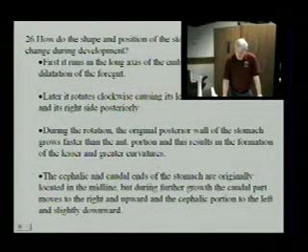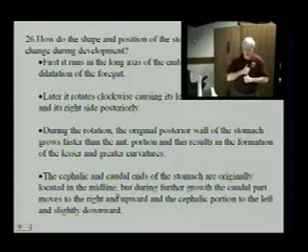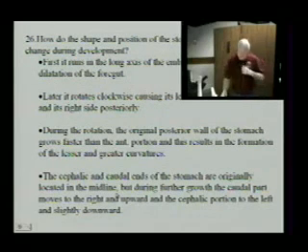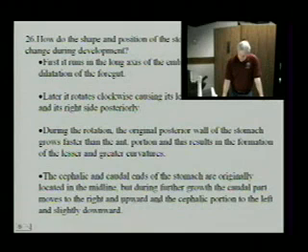So the cephalic and caudal ends of the stomach are originally located right straight in the midline, the two balloons closing down onto it. And then eventually it gets shifted. So the cephalic end is going to be moved to the left, and the caudal part is going to go to the right.